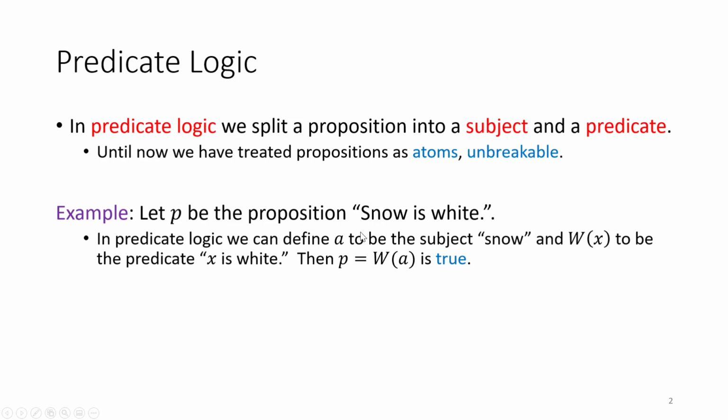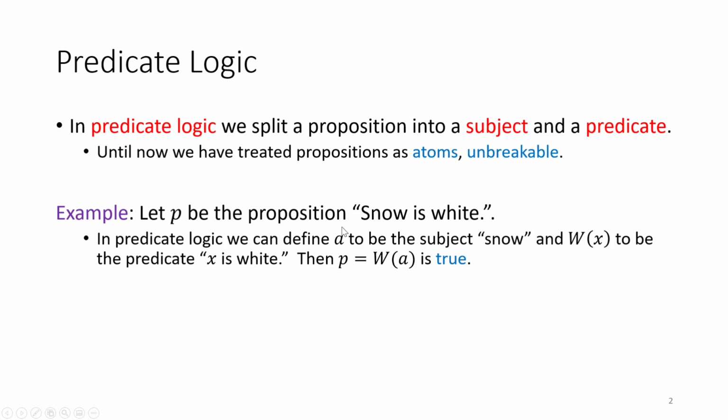When we step away and start treating it as a variable, we might leave it as an x, or if it's some variable that's been assigned some value, like in this case we're going to assign a to be the value snow, then we might use letters like a, b, or c instead of x, y, and z, which we usually reserve for variables that have not been assigned a value.